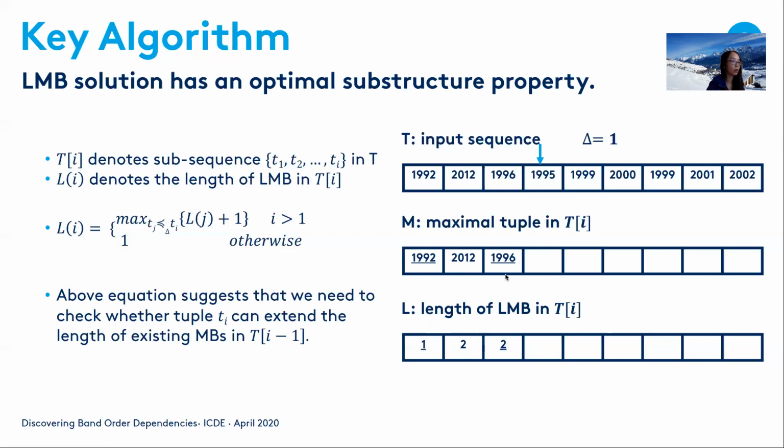Since we're looking for the longest monotonic band, we take the second band. Note that in the second case, the new tuple violates the traditional order dependency, but band order dependency still allows a small violation of 1 year. Therefore, we get a longest monotonic band of length 3 with the maximum tuple remaining to be 1996. So we process the rest of the tuples accordingly.